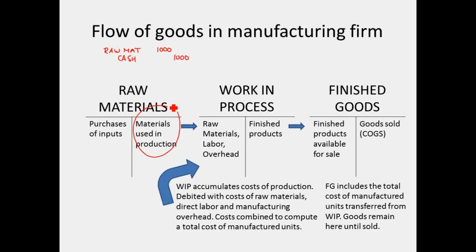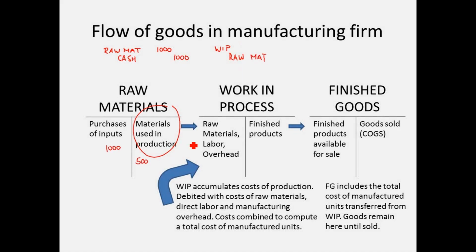Then we transfer goods, not only physically but from an accounting perspective, from the raw materials account to the work in process account. Let's say they said, send over $500 worth of lumber. So what am I doing? I'm putting it in work in process, and I'm taking it out of raw materials.